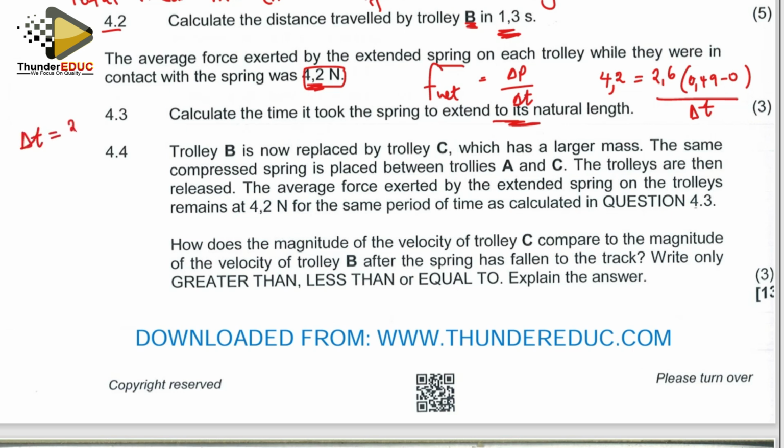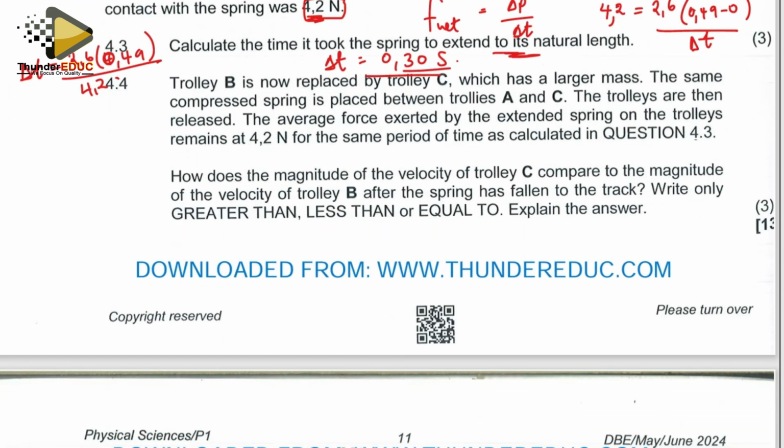It's going to be 2.6 multiplied by 0.49, divided by 4.2. If I punch that into the calculator, 2.6 times 0.49, dividing it by 4.2, that becomes 0.30. So delta t is 0.30 seconds, or 0.303 seconds.